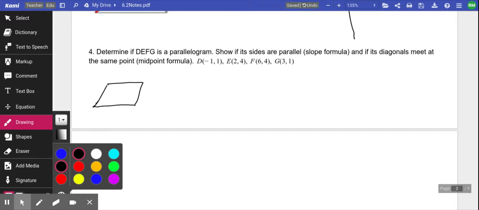So I'm going to label it -1, 1. This is D. And E is 2, 4. I think this would just be easier when we're using the slope formula and the midpoint formula to see which points are where. F. And then G.